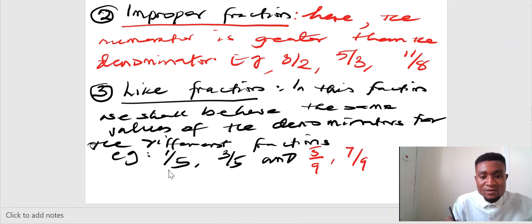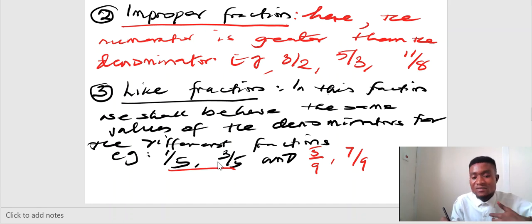Now you can see from here that these two fractions are sharing the same value of denominator. So here we have 1 over 5, we have 3 over 5. So we can say that these two fractions here are like fractions.